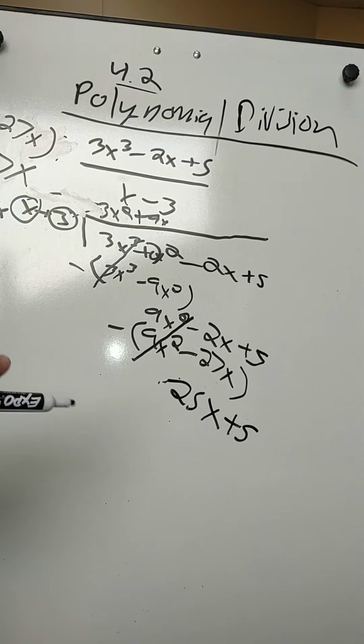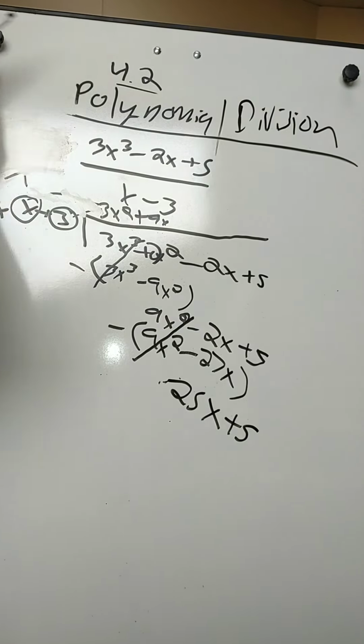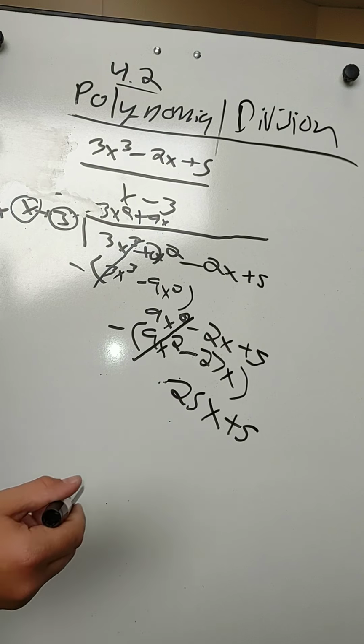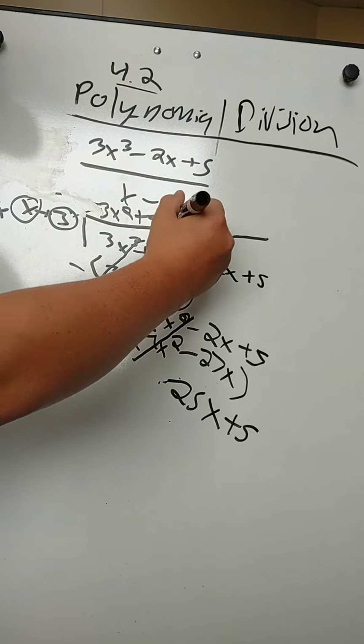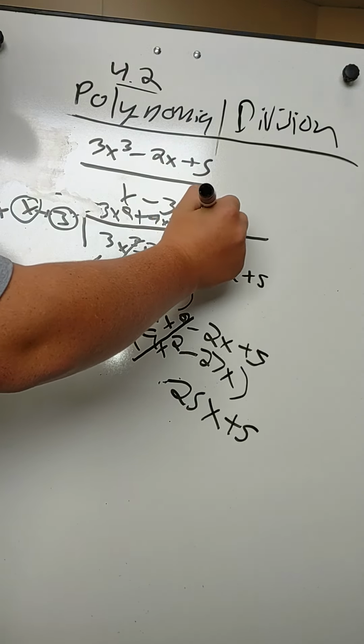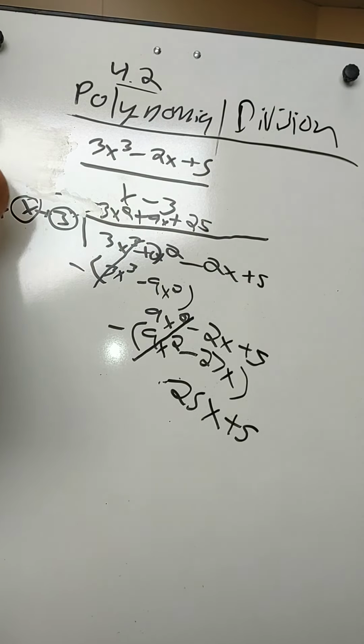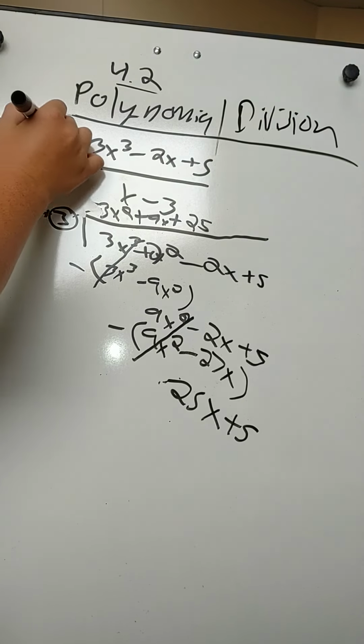So finally, clean this up here, we need to find what we can multiply x by to turn it into 25x. What can we multiply it by? Just 25. So, plus 25. And, once again, distribute. So, 25x minus 75.